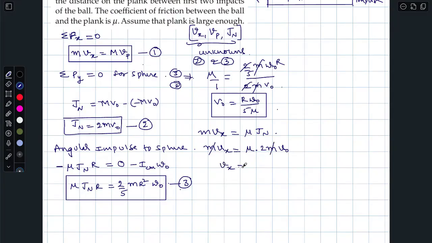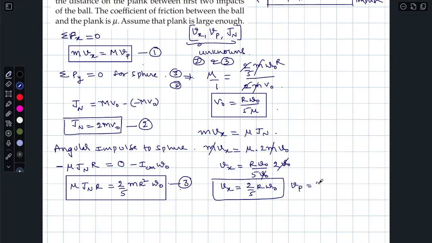Vx is mu times, I just know, r omega naught by 5v0 times 2v0. So Vx, wherever it is, I can write 2/5 r omega naught. If I know Vx, I can find Vp also. Okay.